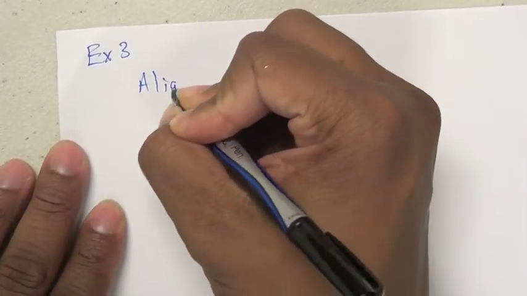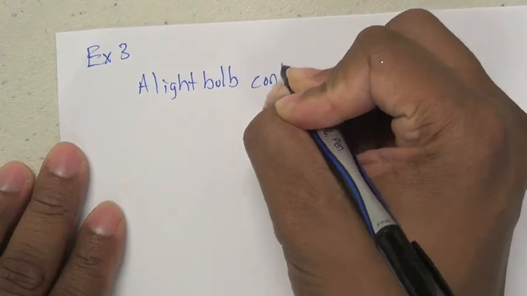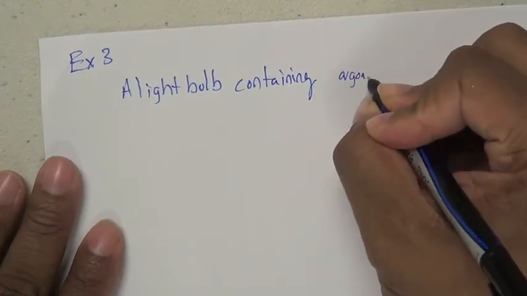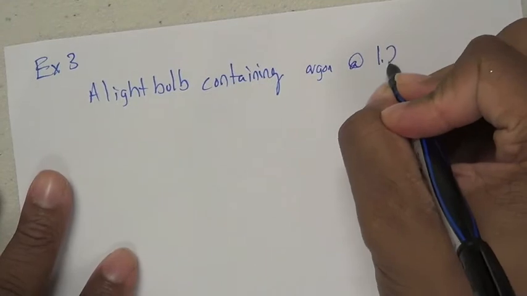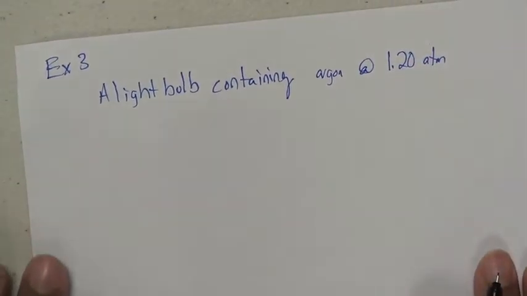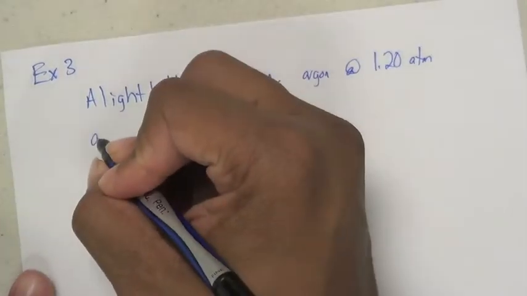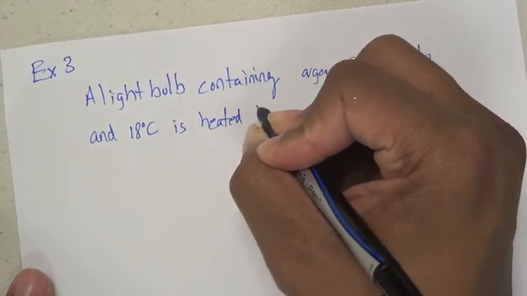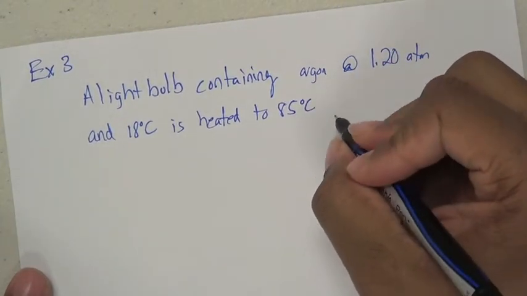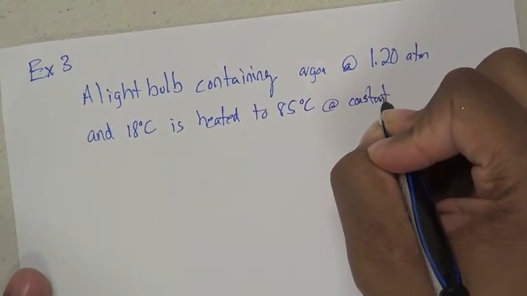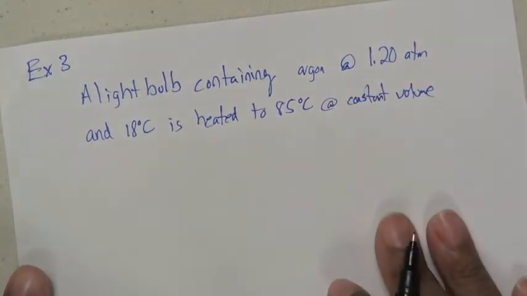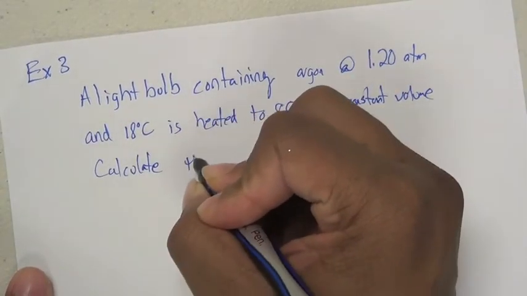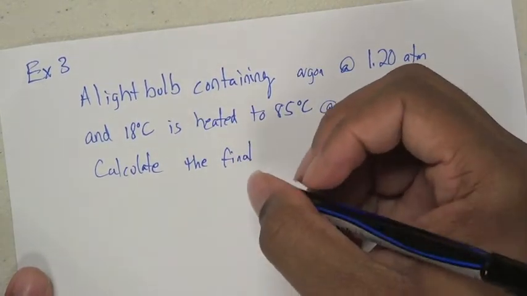A light bulb containing argon at 1.20 atm and 18 degrees Celsius is heated to 85 degrees Celsius at constant volume. Calculate the final pressure in atm.